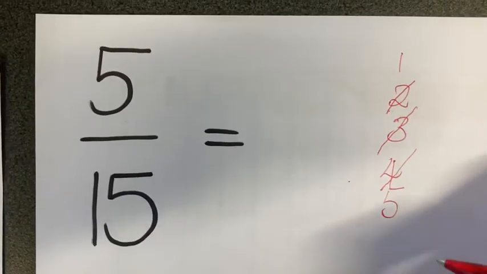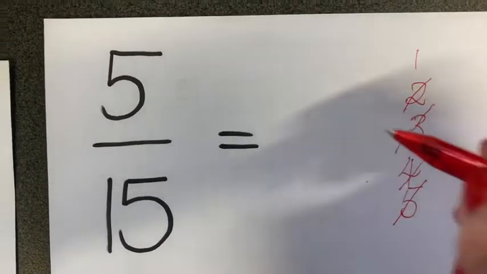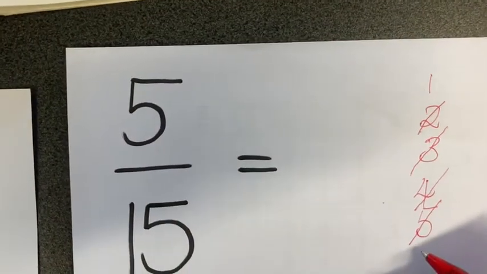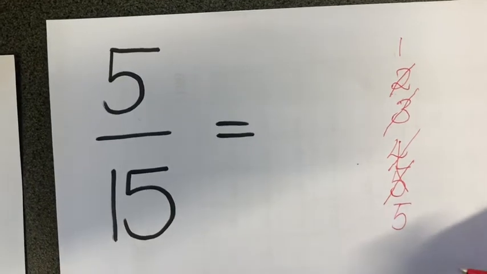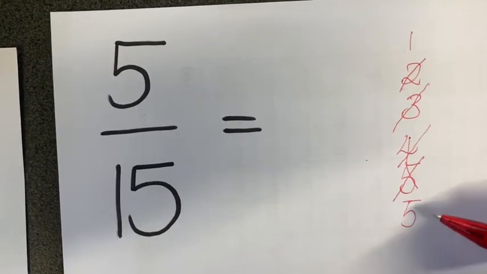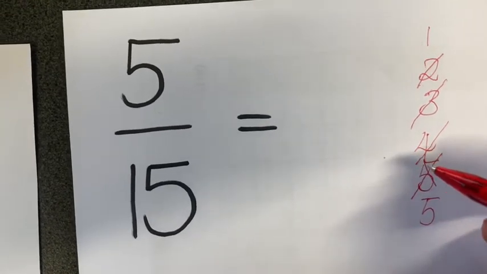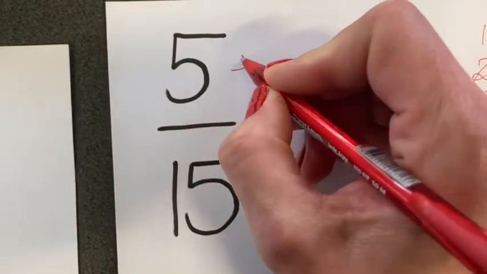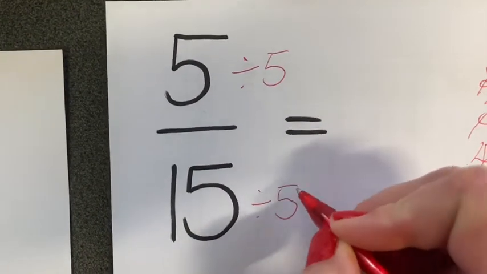Can 5 go in? Yes, once. So we stop on 5. Sorry, that shouldn't be crossed out. That should still be 5. I crossed it out, but I shouldn't have, because it does fit in perfectly. 5 divided by 5, 15 divided by 5.